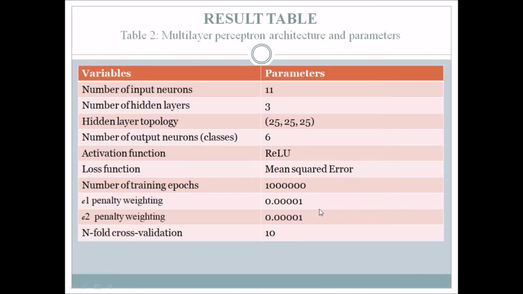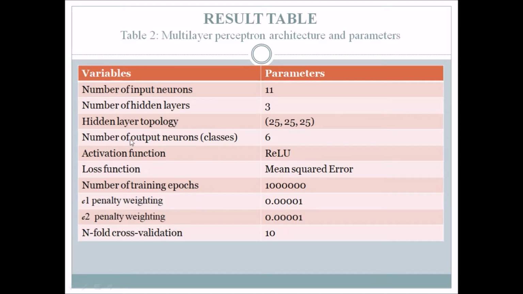Now this is Table 2, showing the perceptron architecture and parameters. We are using 11 input units, considering the features. That means we are using 11 features. The hidden layer will have 3 hidden layers with 25 neurons each. That is what we mean by hidden layer topology.